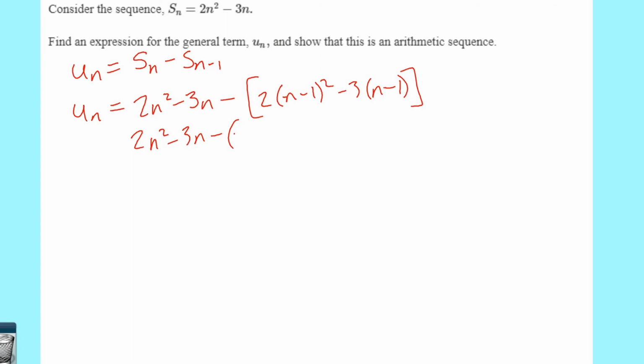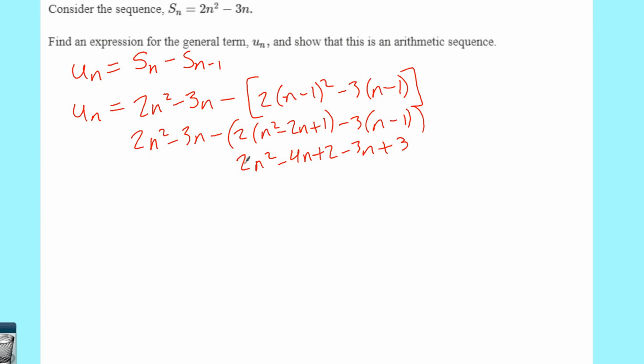Don't want to mess anything up. So this is n squared minus 2n plus 1. You got a FOIL there. Make sure you're foiling. Then we have this. So 2n squared minus 4n plus 2 minus 3n plus 3.